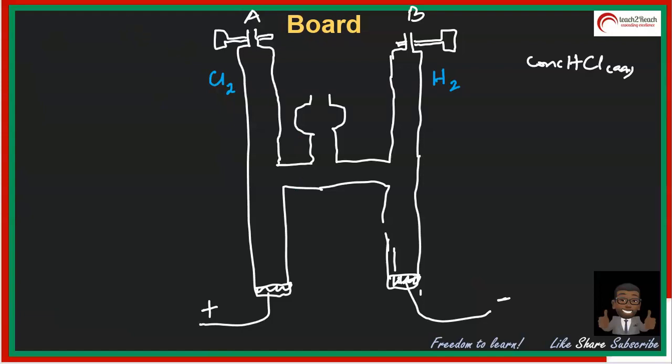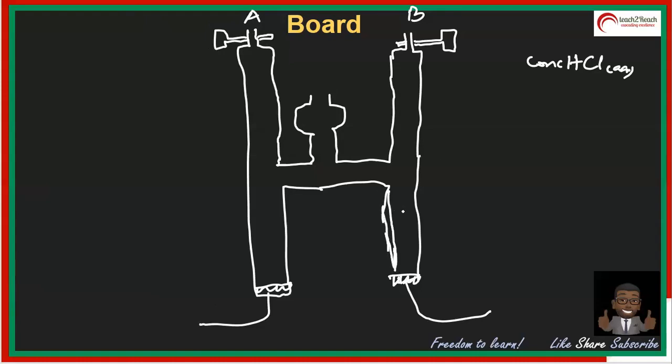So that's another way. Let's look at another way they could ask you questions around that. They will not label this as cathode or anode, but they will ask you questions around observation.